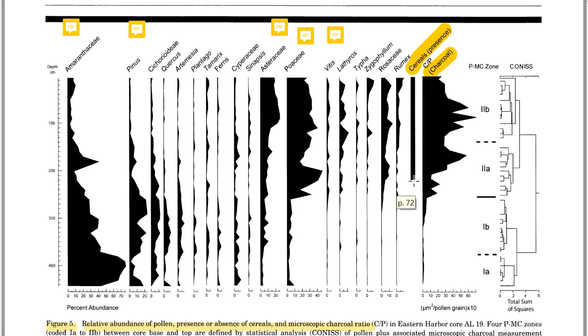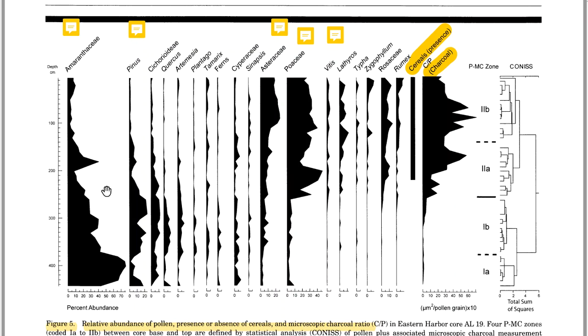Now as the article talks about, it's kind of hard to distinguish between a cereal like wheat that people are eating and natural ones. So they do break it up a little inside here. What you can see is this line here. So somewhere around this particular period, all of a sudden you have cereals present. So what that indicates is agriculture and people growing things. And if you look over, you can see just a little before this, you've got people growing grapes.